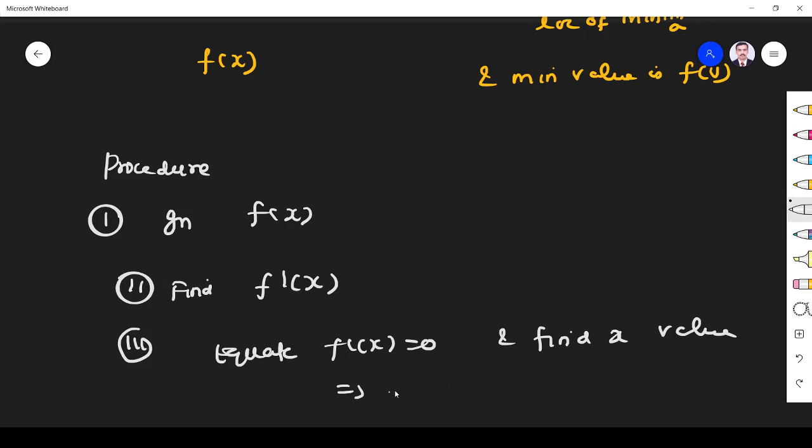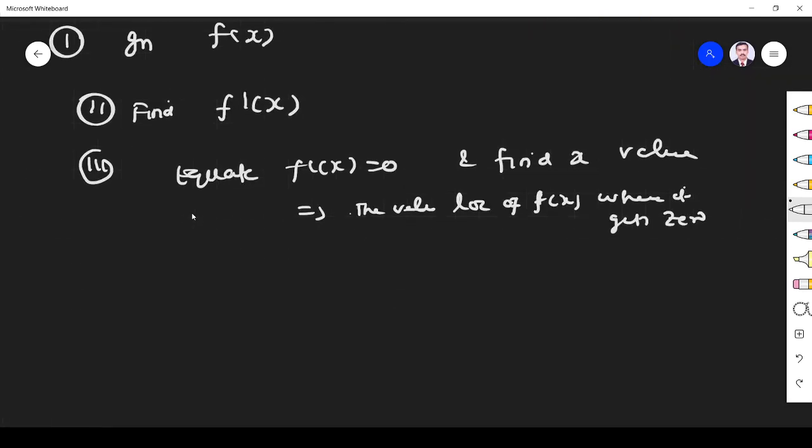So this gives the location where the slope of f of x is 0. Let us assume that x is equal to C, that is, the point is C.